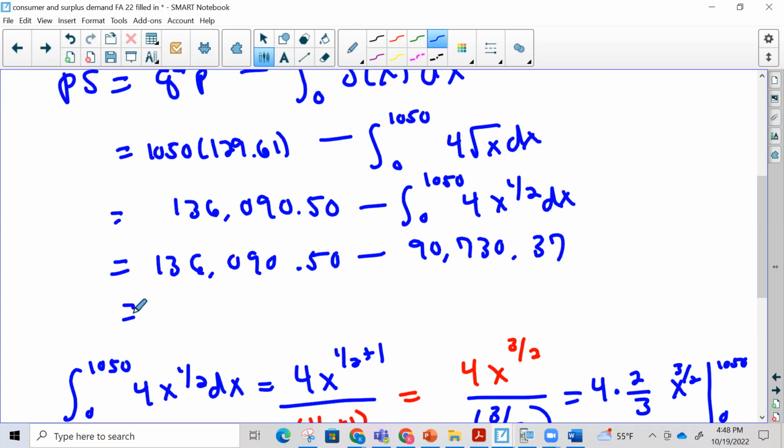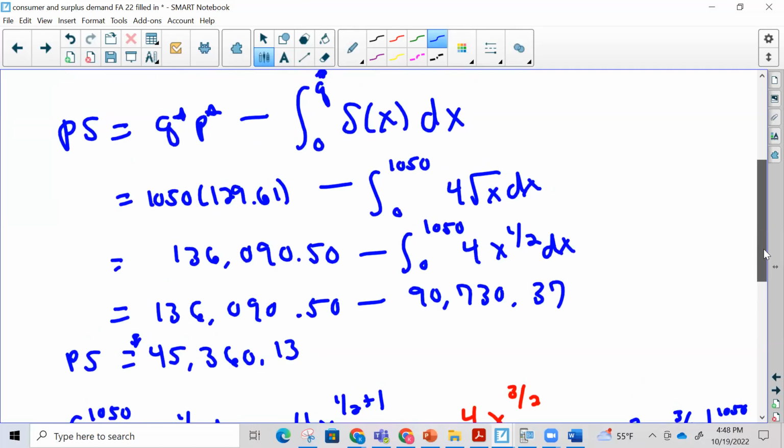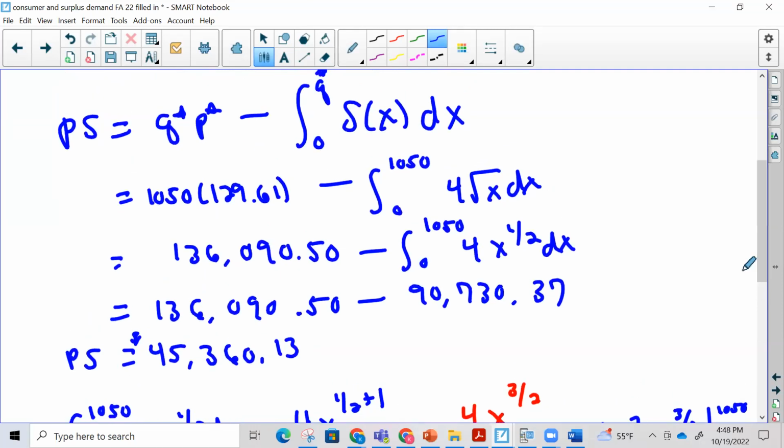And if I subtract those, I get the producer surplus. So this is my answer of $45,360.13. And so that's the total producer surplus that this company would get for this good, or the companies that are willing to sell this good would get.